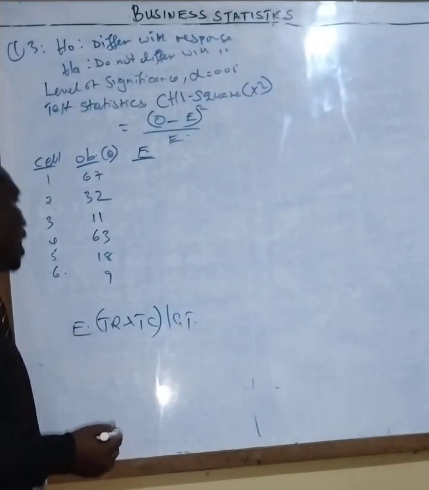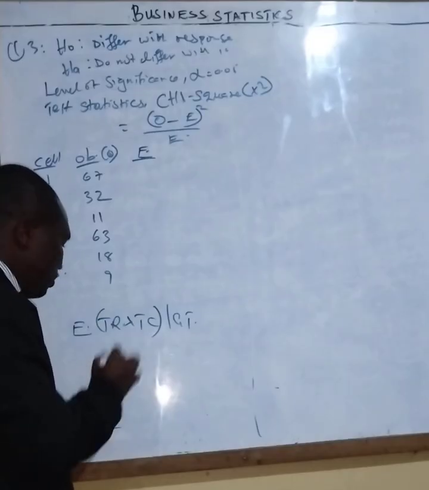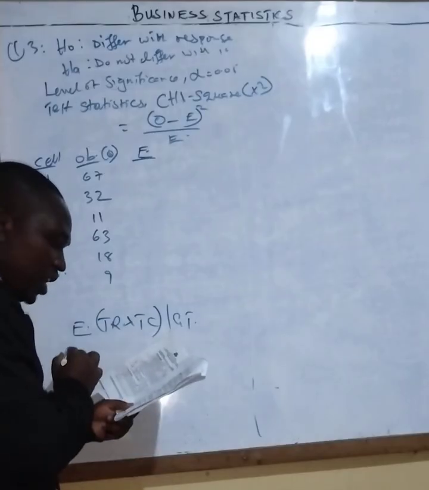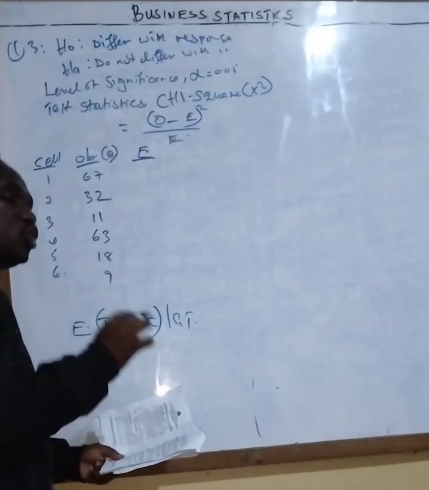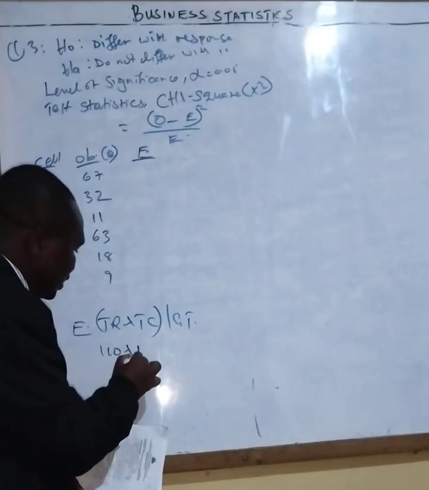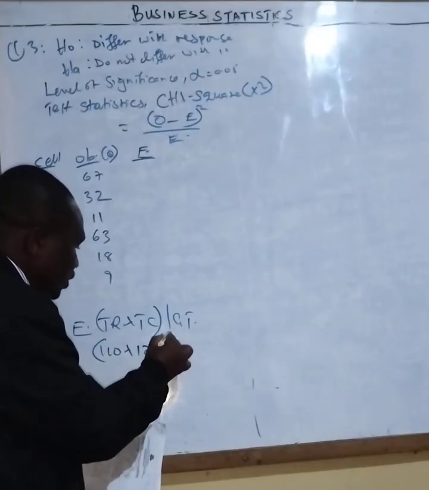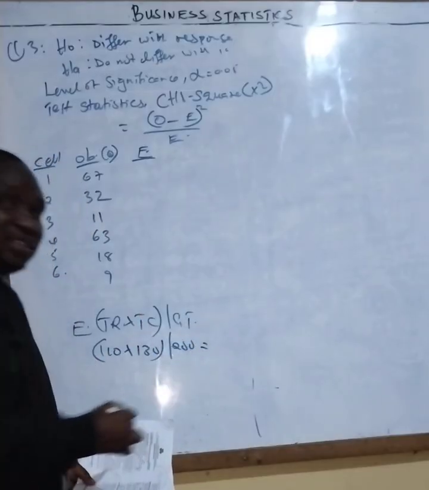So therefore, our work is very easy. You take, for example, first column. Look at what I'm going to do. First column, we have been given total as 110 times the total column downwards. First one is 130. You divide this by the total. Total is all of them, which is 200. You get the answer.